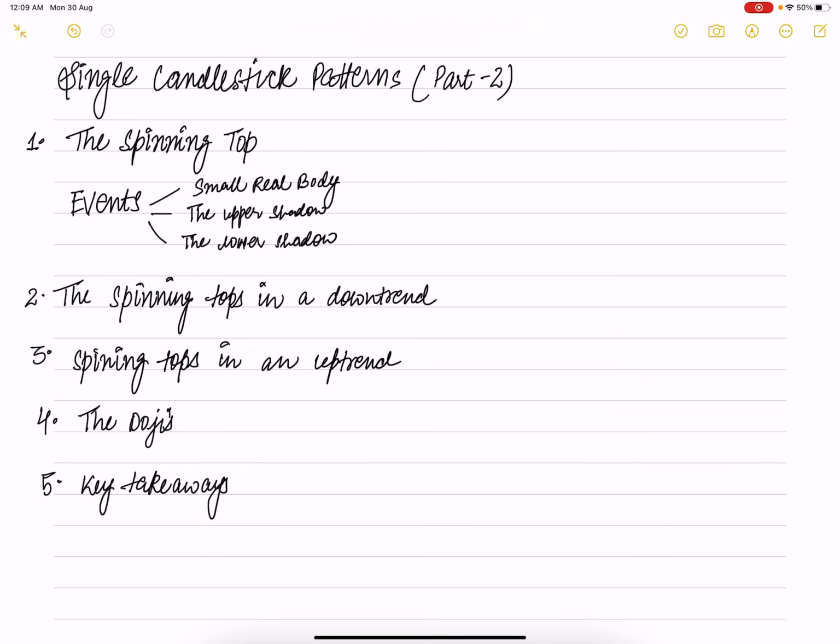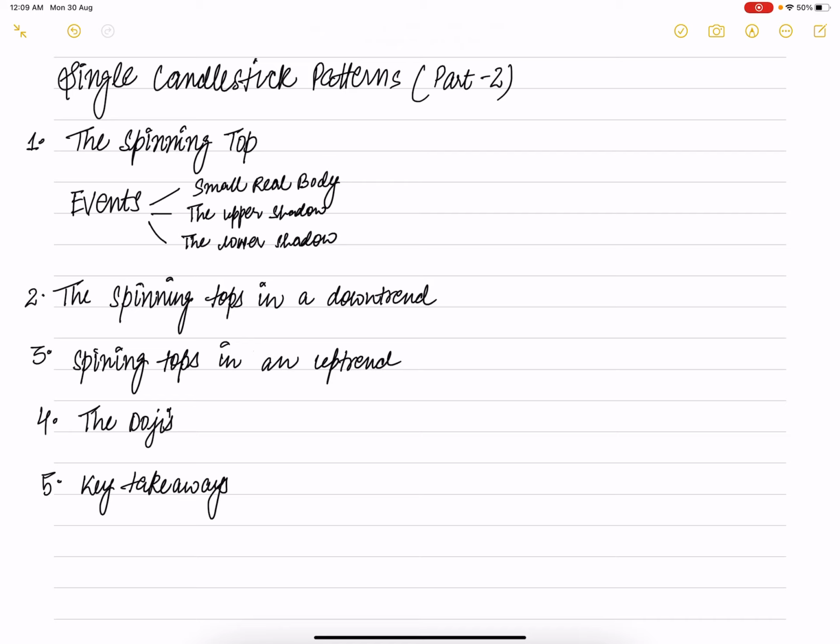Small real body. This indicates the open price and the close price are quite equal. For instance, the open could be 210 and the close could be 213, or the open could be 210 and the close could be 207.